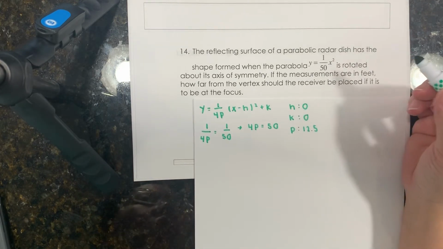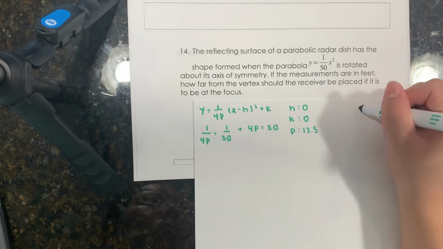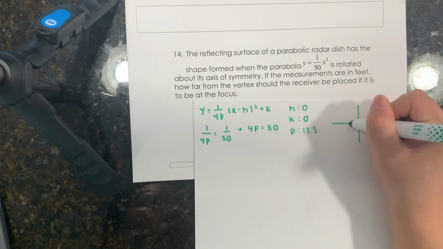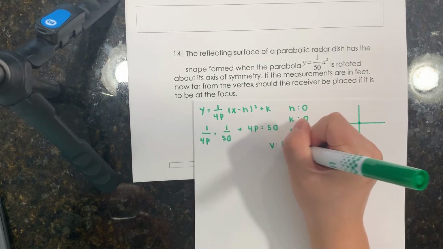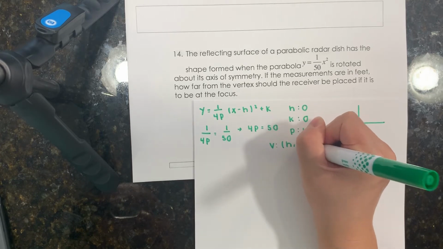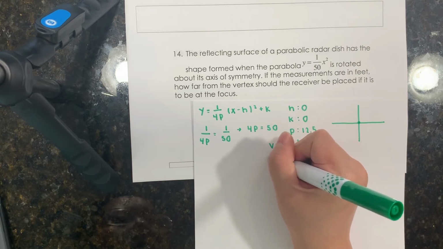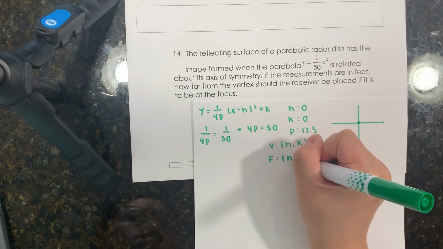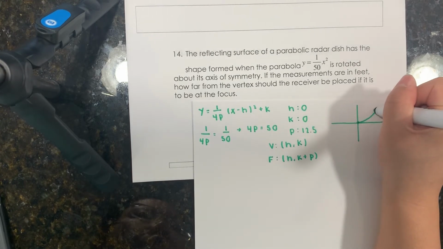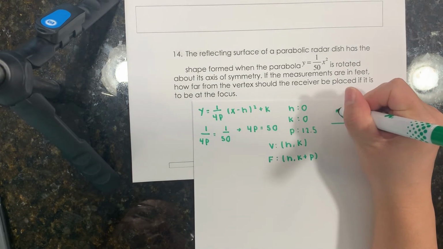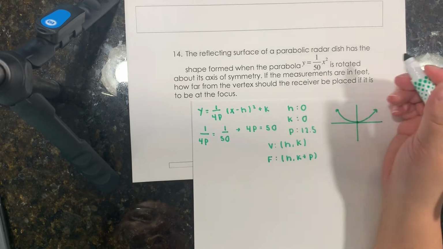So now we're looking for the equation of the focus. My graph is going to start at the origin at (0, 0), because the vertex, remember, is (h, k), which in this case is (0, 0). My focus is at (h, k plus p). So if this is my vertex and my parabola is going to go like this because it's positive, k plus p would be 0 plus 12.5.